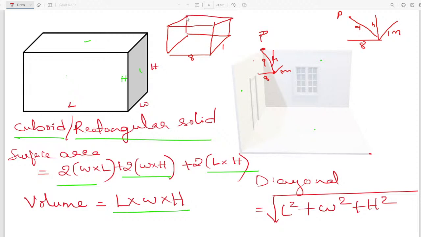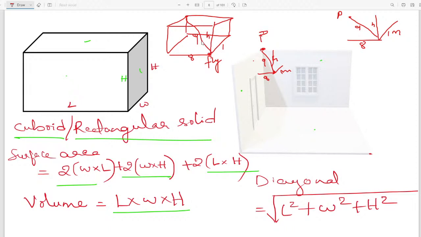So if this is the point P, and if I consider the fly here, this fly is 1 meter from this wall, 8 meters from this wall, and 9 meters from here. This is 9 meters, and this is H. We need to calculate H. So if this is a cube, then this line would be the body diagonal. And the diagonal's formula is: diagonal is equal to the root of length, breadth, and height squared.